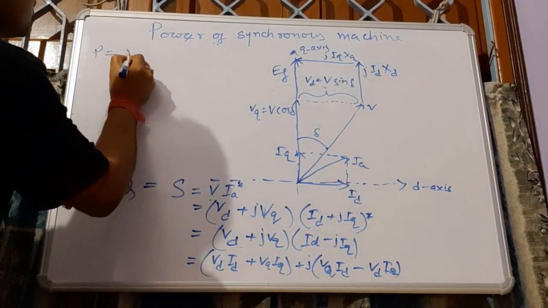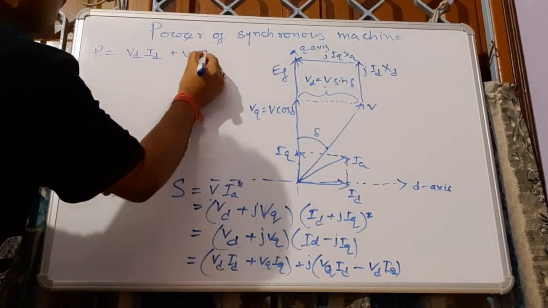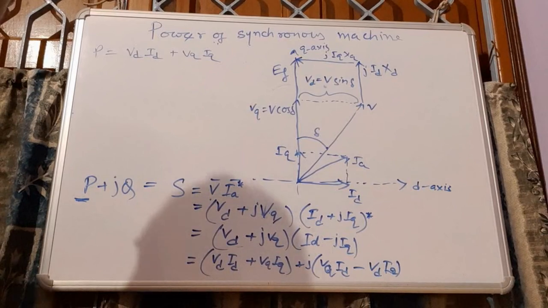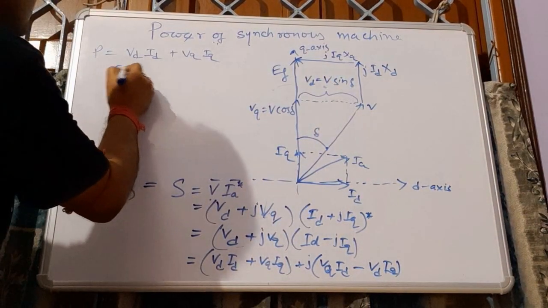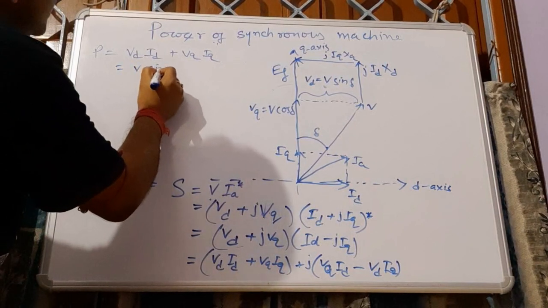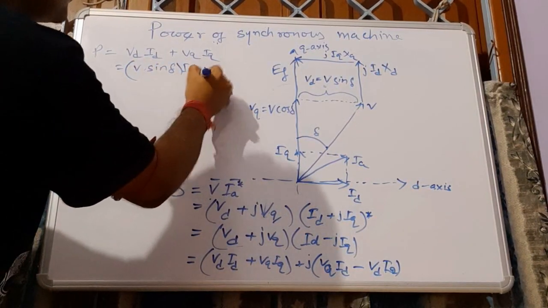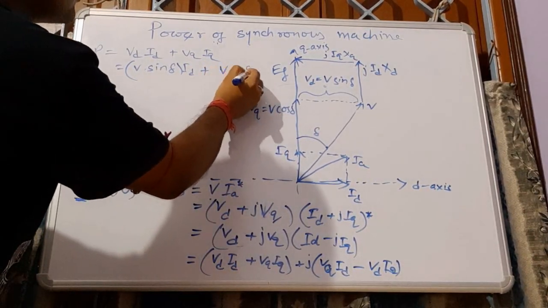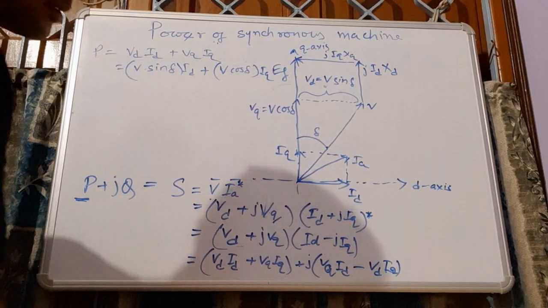P equals VD ID plus VQ IQ, right? Now VD can be written as V sin delta, ID, plus VQ can be written as V cos delta, IQ, right?